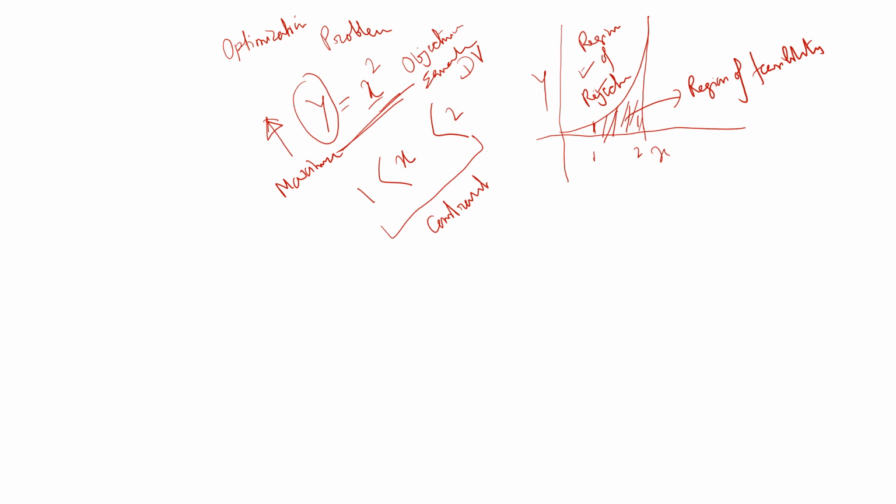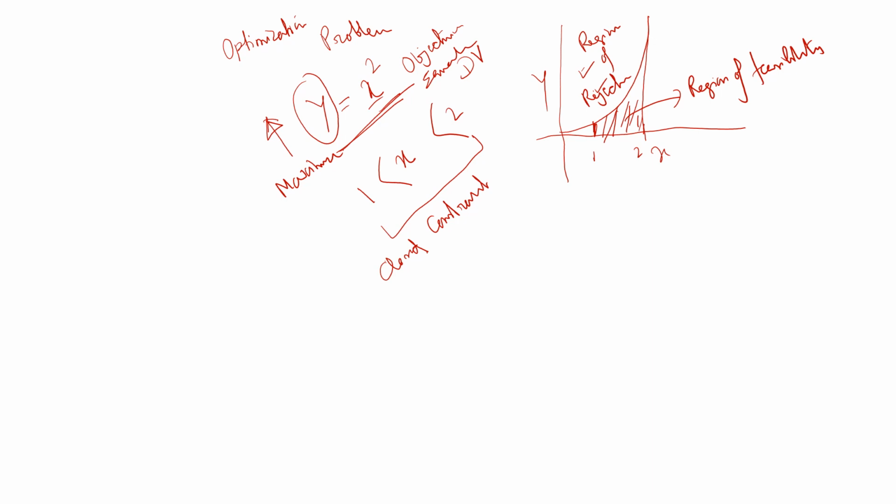Because this zone is bounded on both sides by this constraint. x can be greater than 1, x can be less than 2. As both sides are bounded, this is known as a closed constraint. If one of the sides is open, that means you can take any value.